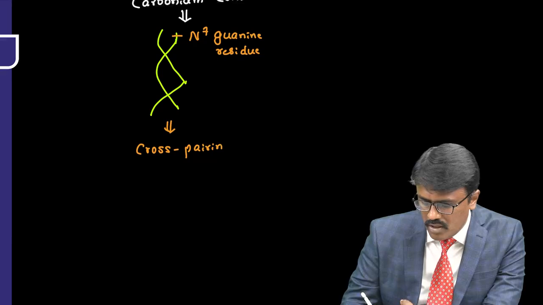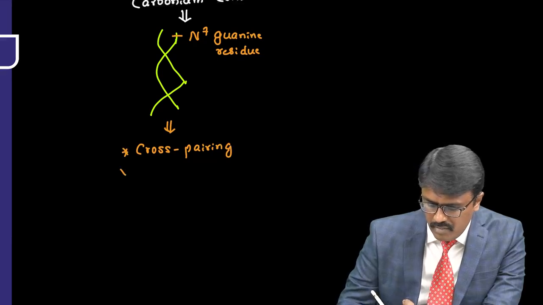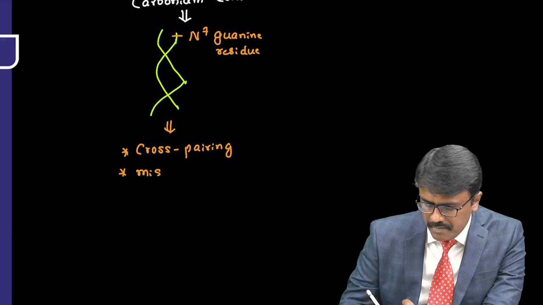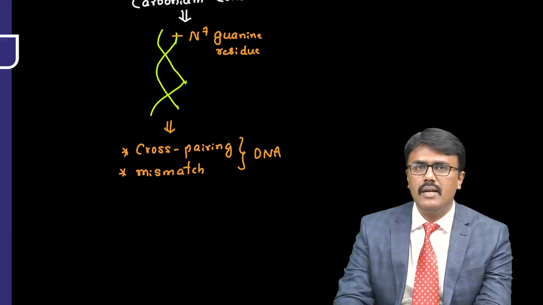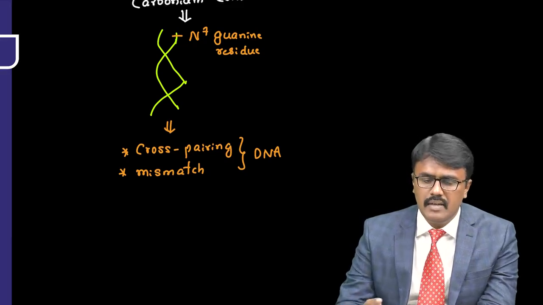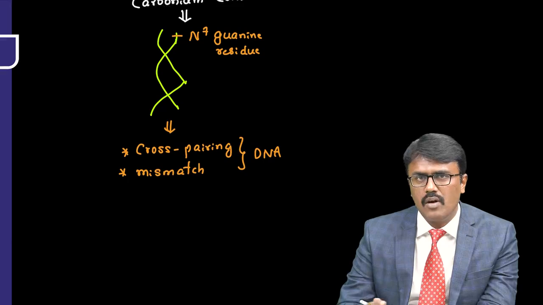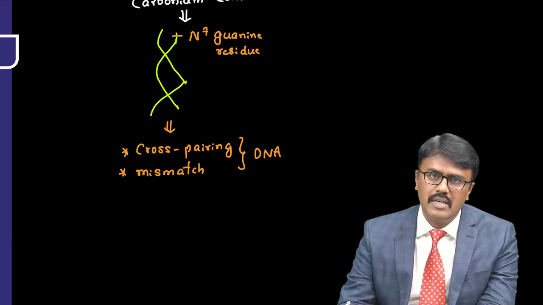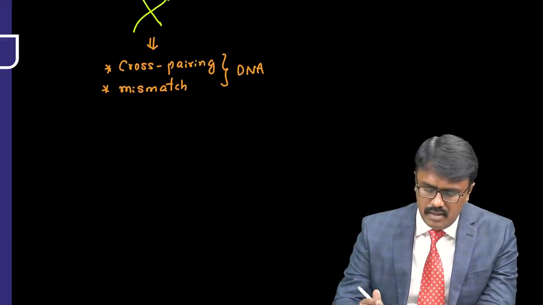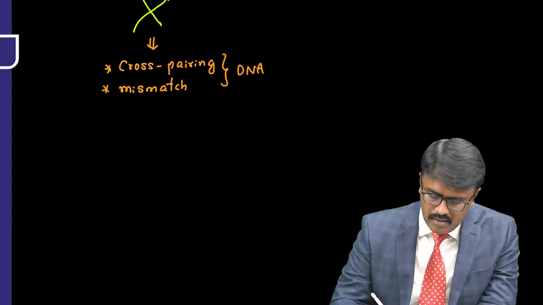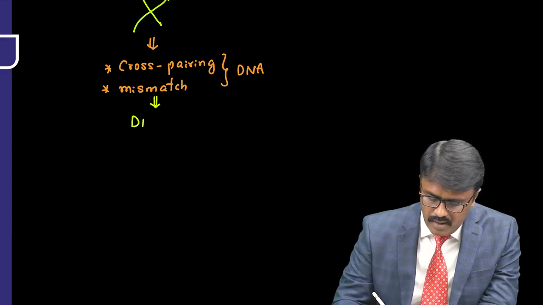They cause cross pairing and mismatch in the DNA. So usually we know that adenine pairs with thymine, and guanine with cytosine. So cross pairing means adenine with cytosine, guanine with thymine. So that will happen. Now what happens if the DNA is mismatched and cross paired? That will lead to DNA damage.